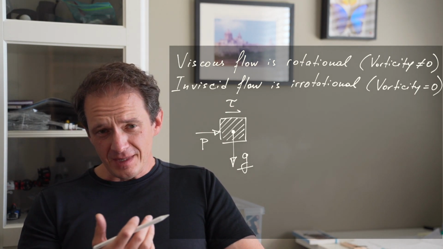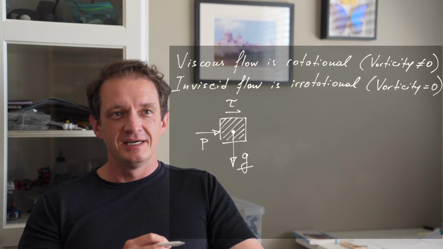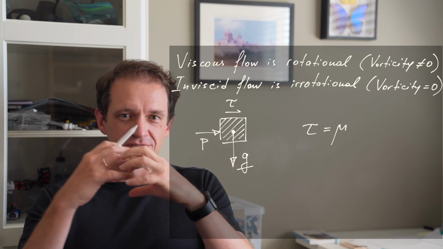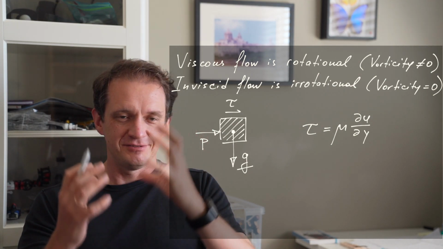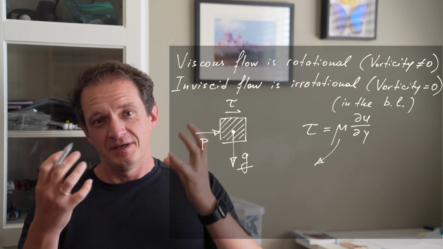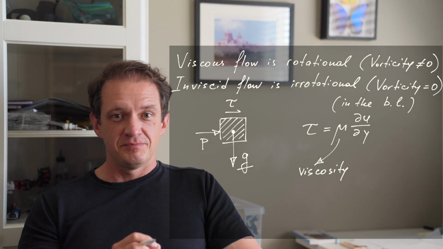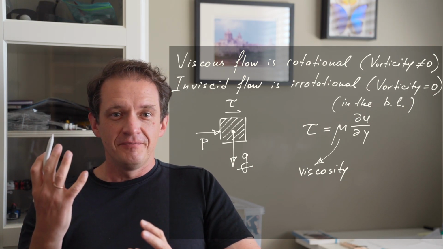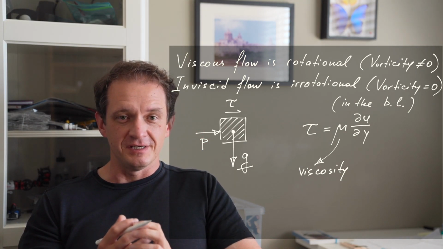It can be shown experimentally that for so-called Newtonian fluids, the shear stress is proportionate to the strain rate of the fluid, and it's related to derivatives of the velocity. In the simple case, boundary layers or pipe flows, the shear stress is proportionate to the velocity gradient in the normal direction, and the proportionality coefficient is the physical property, the viscosity.